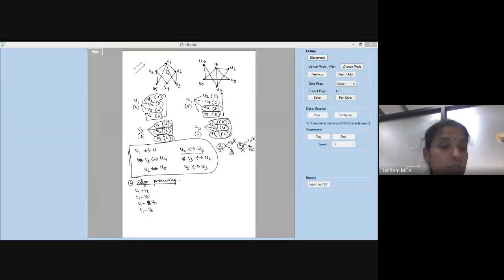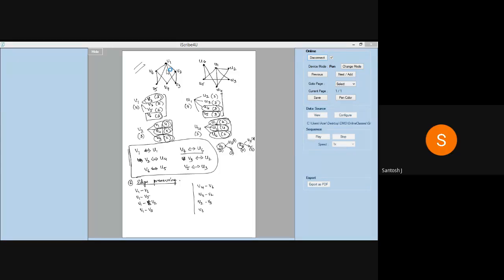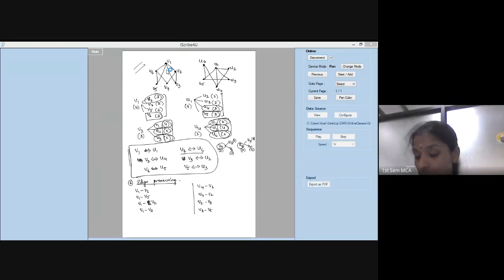You should list down 8 edges, right? So these are 4 edges of V1 and then another 4. V4 to V6 I have an edge. V4 to V2 I have an edge. Then V2 to V3 I have an edge. V6 to V5 I have an edge. These are my 8 edges. What are the equivalent edges of G2? That is what you have to find out.